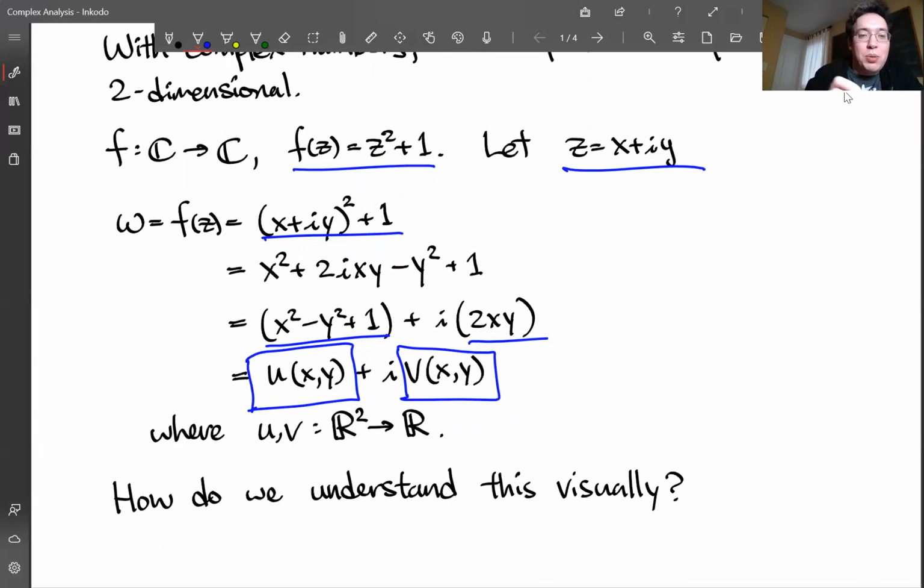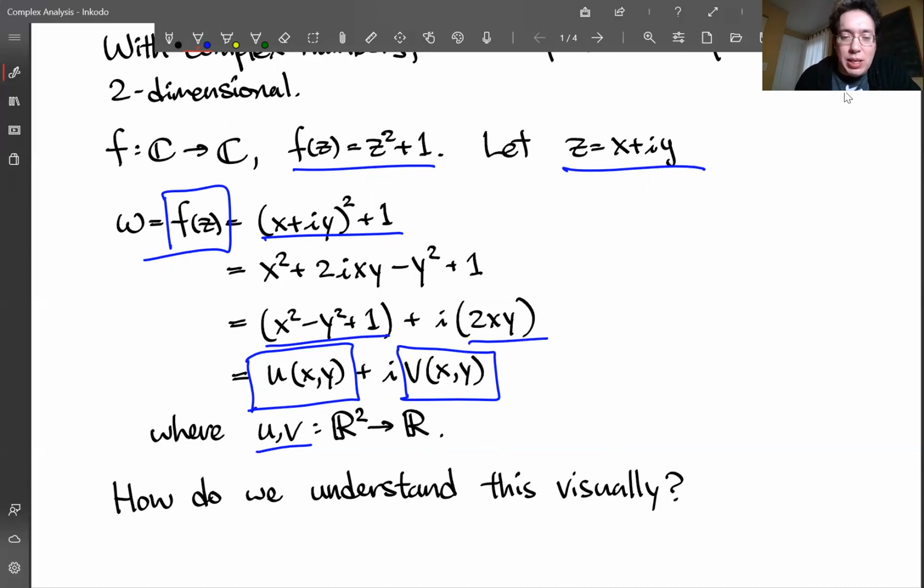So to understand one complex function, we could understand it with 2 real functions, u and v, multivariable functions, because they depend on both the real part and the imaginary part. But the output is one-dimensional, right? So we could have a pair of 3-dimensional graphs to try to understand this. That's one way to approach it.